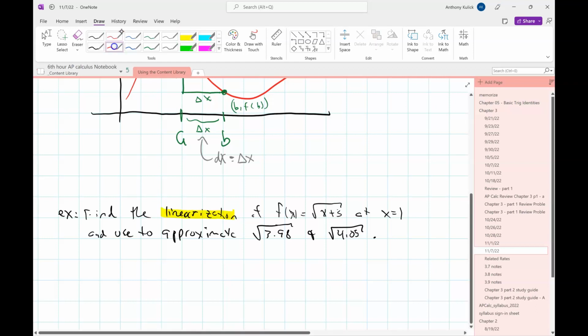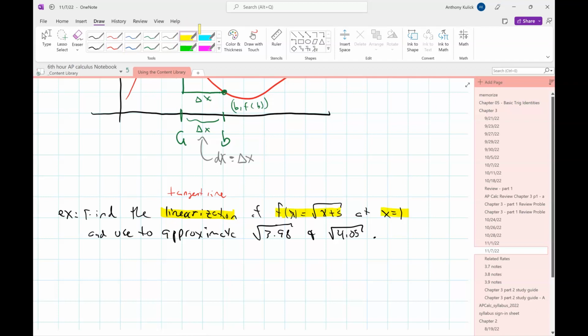So when we ask for linearization, what are we really just asking for? Yeah, the tangent line. And we're looking for the tangent line of this f of x at that specific x value. So to write the equation for a line, we need two things.